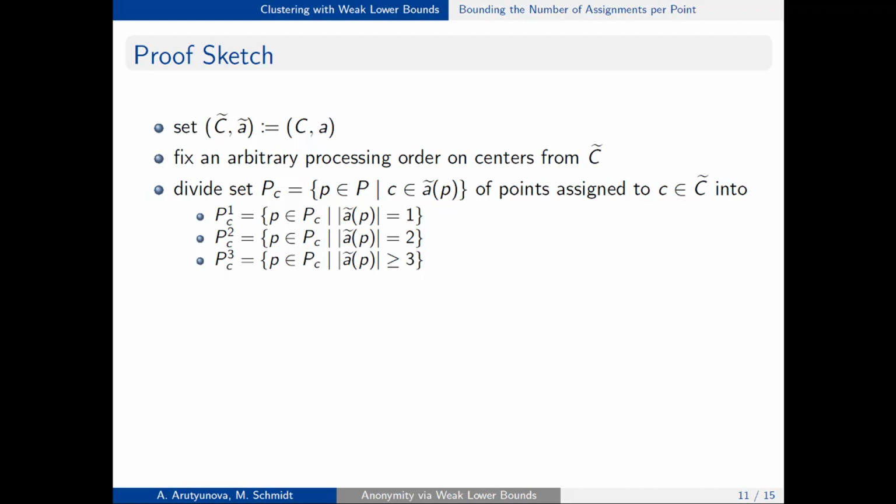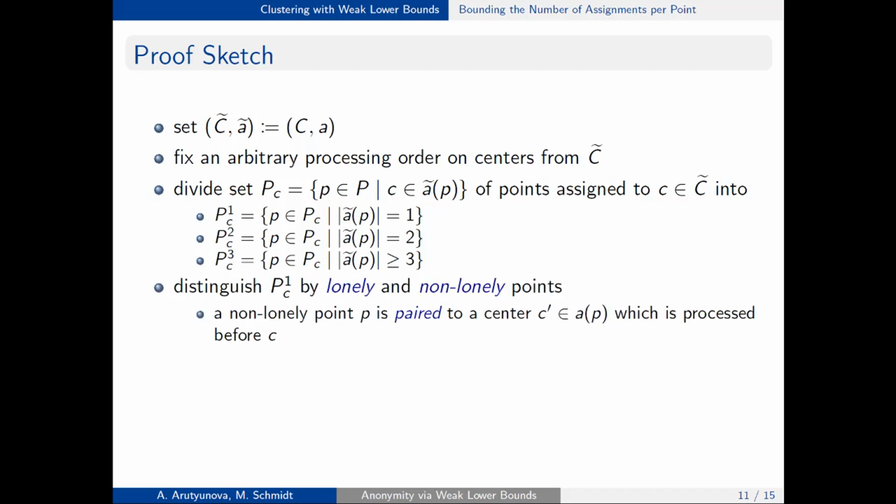So in the end, we want that the set PC3 is empty for all open centers, and to achieve this it may be necessary to close some of the centers from C. So if we close C, we have to care about points in PC1. Since they are exclusively assigned to C, we have to define where they are assigned to.